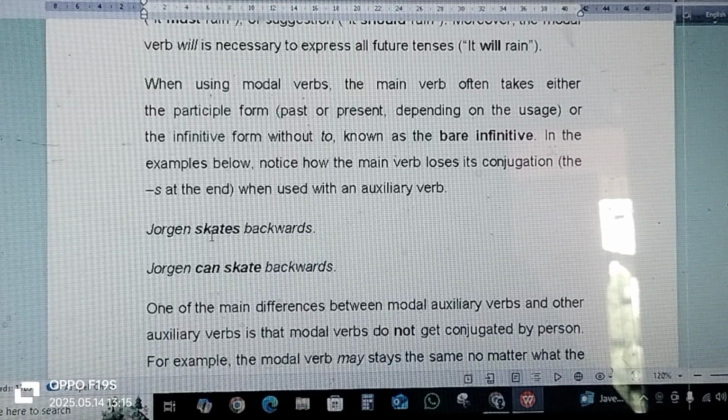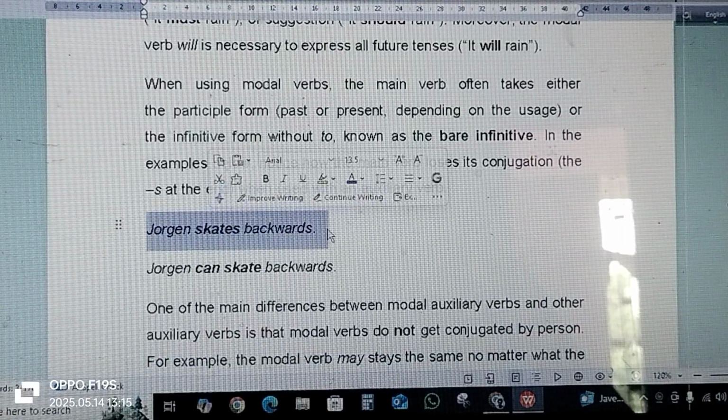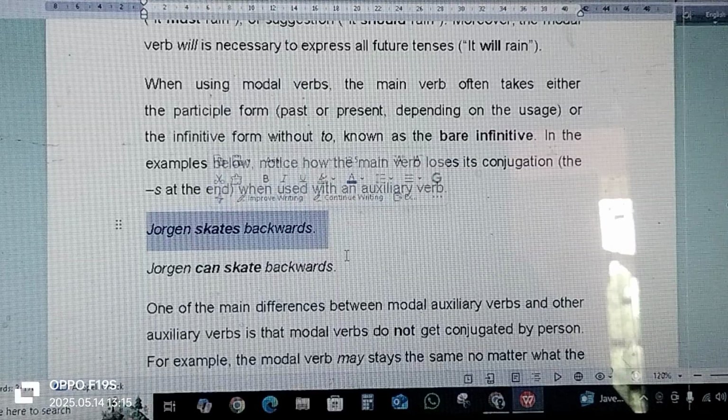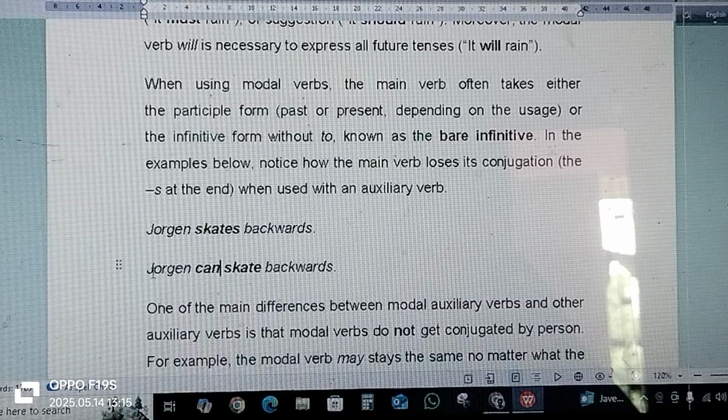Zogan cases backwards. This is the sentence in simple present tense. When we rewrite this sentence using modal auxiliaries, we can rewrite it as Zorgan can case backwards.